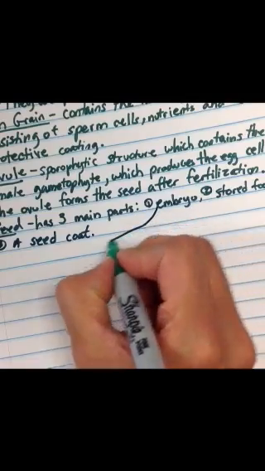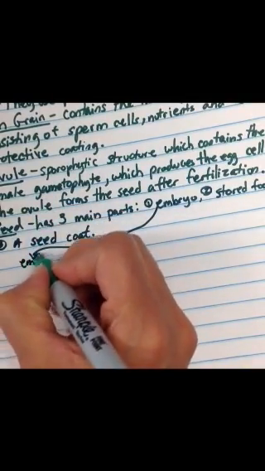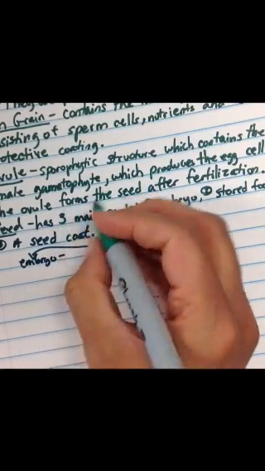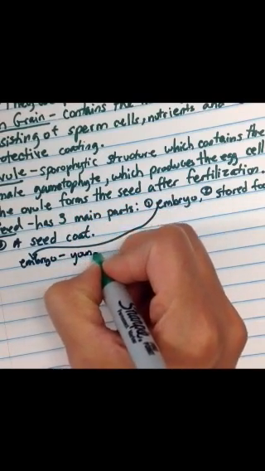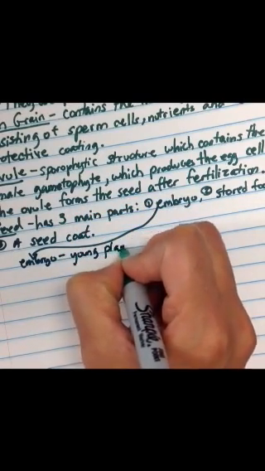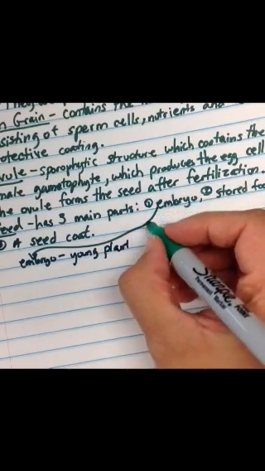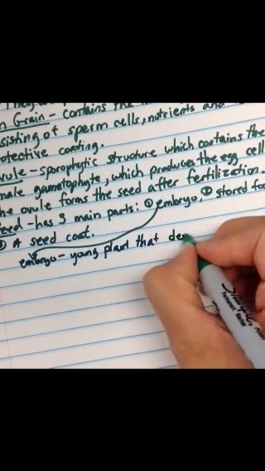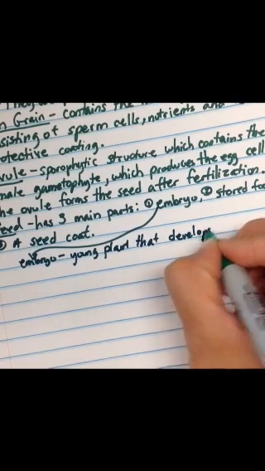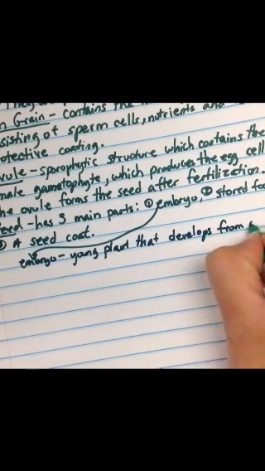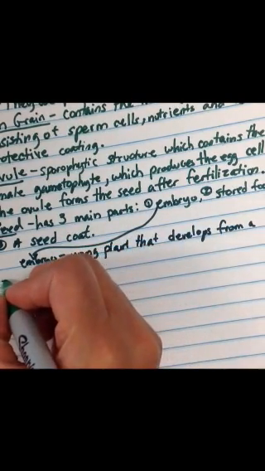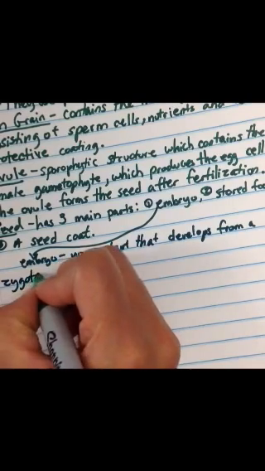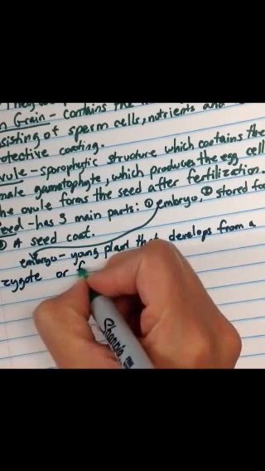The embryo is a young plant that develops from a zygote, or fertilized egg.